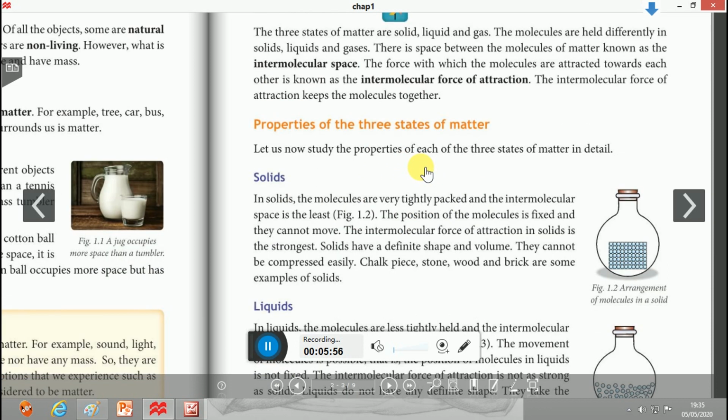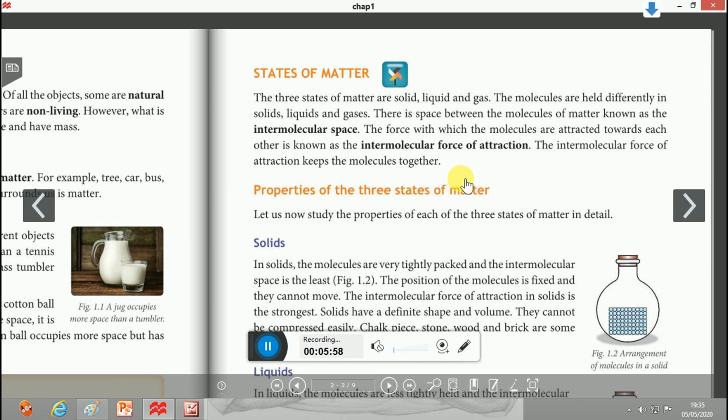But in this class you will learn about solids, liquids and gases. The molecules are held differently in solids, liquids and gases. The space between the molecules is known as intermolecular space.